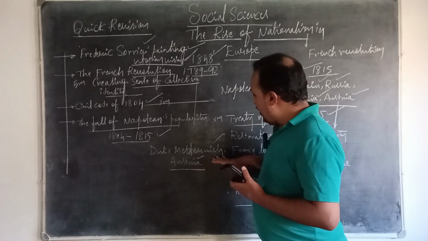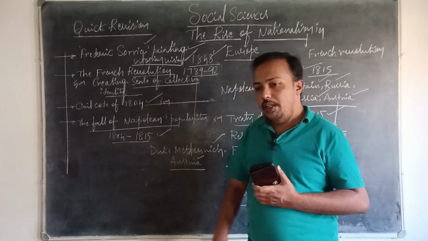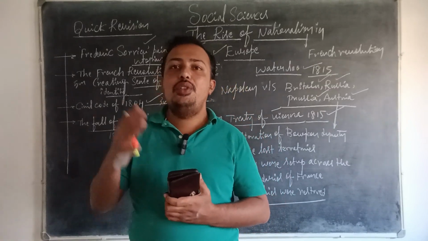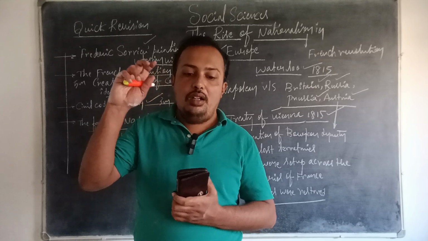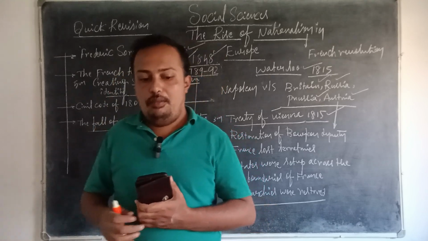Remember the name Duke Metternich. One statement he made related to the July Revolution of France, that is the 1830 July Revolution, and another related to Giuseppe Mazzini, who was the revolutionary leader at the time.